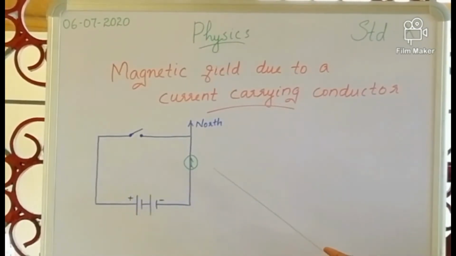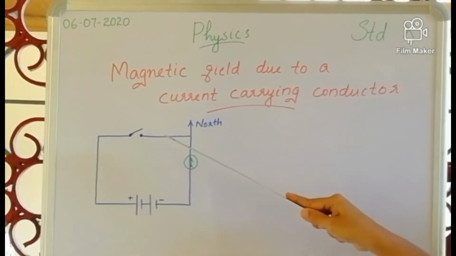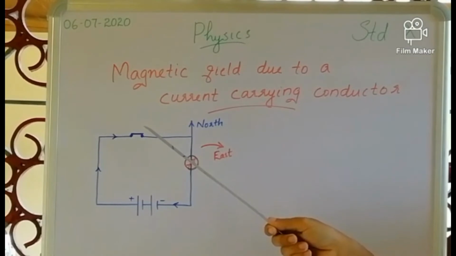Then the two ends of the wire are connected to a battery through a switch. Let us pass electric current through the wire by pressing the switch.